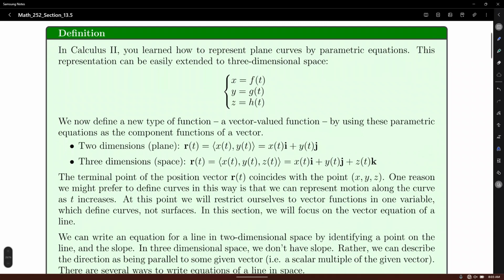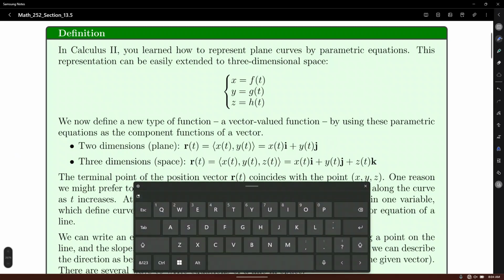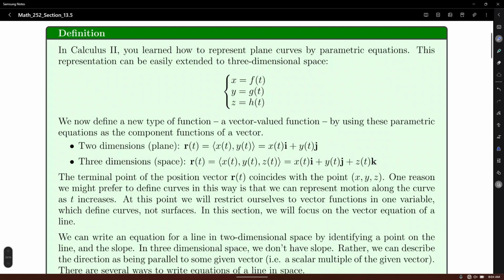Okay, so first of all, going back to calculus 2, when you represented a function in its parametric form, you define two equations, an x equation and a y equation. The easiest way to parameterize any function is to give the variable t to the independent variable.